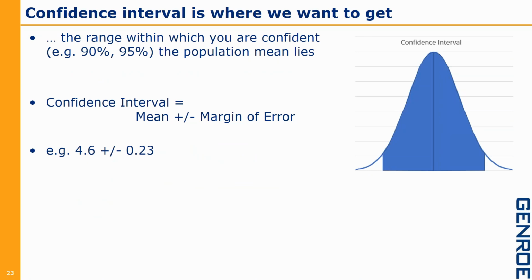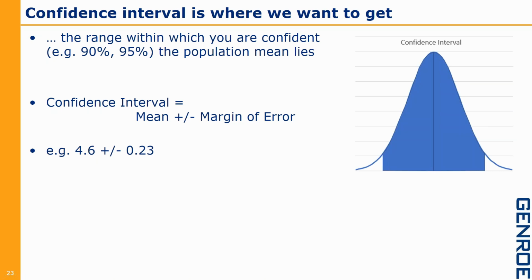So when we talk about confidence intervals, this is where we want the range in which you want the population to lie. And so the confidence interval is the mean plus or minus this margin of error. So for example, 4.6 plus or minus 0.23. You'll see that this graph on the right-hand side is showing you that the midpoint is the mean that you've calculated for the sample.